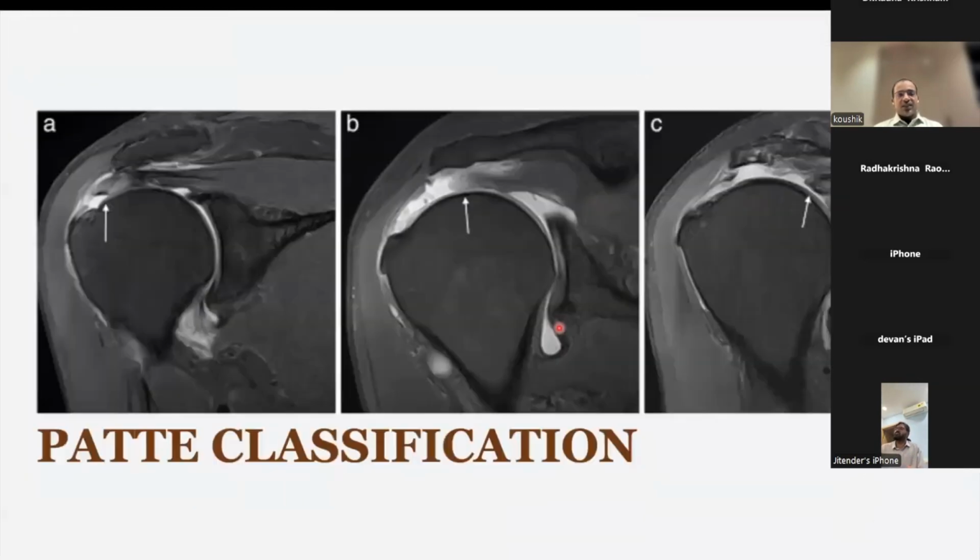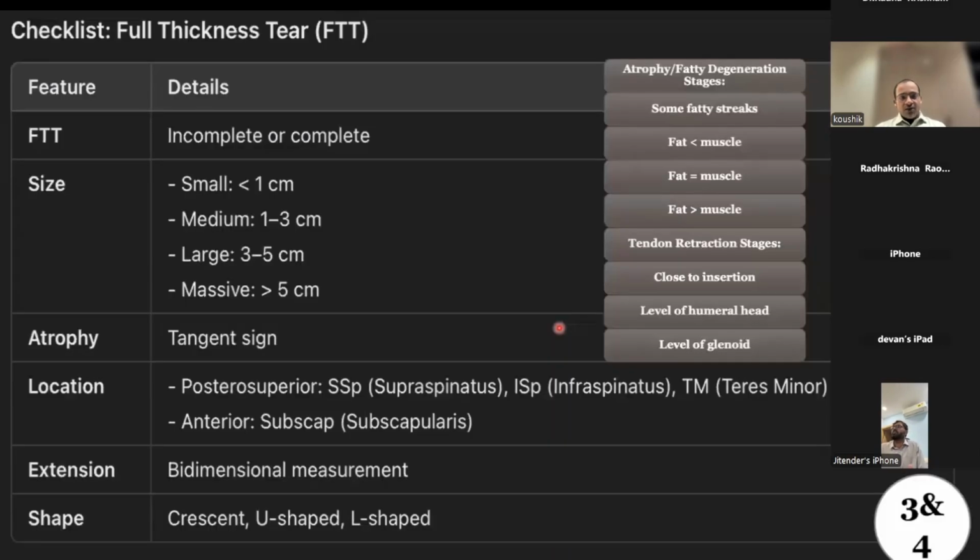Then comes the full thickness tear. As we discussed, it can be a full thickness incomplete tear or a complete tear based on size, whether it's a small, medium, large, or a massive tear.